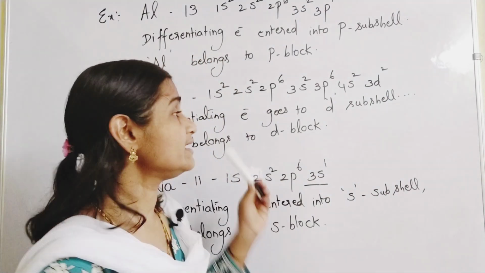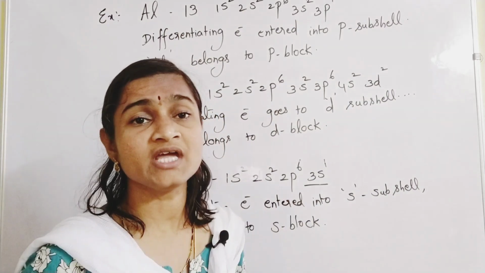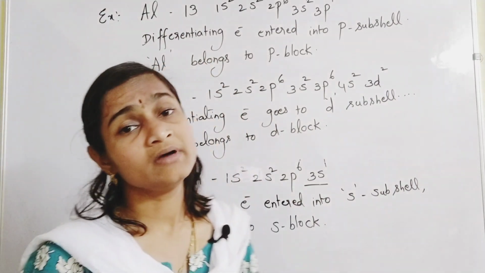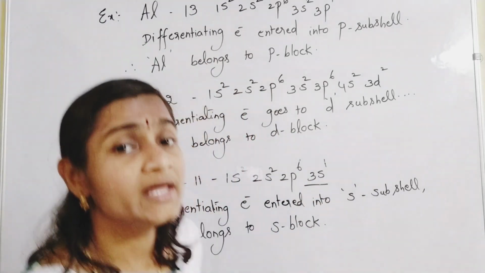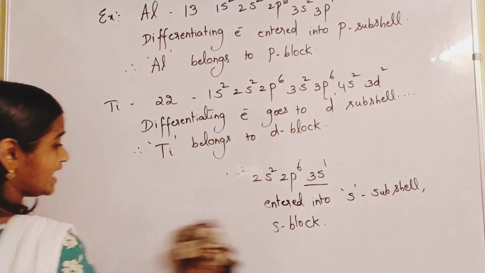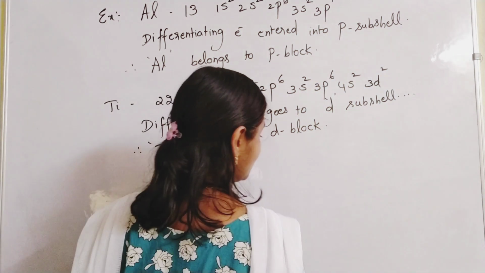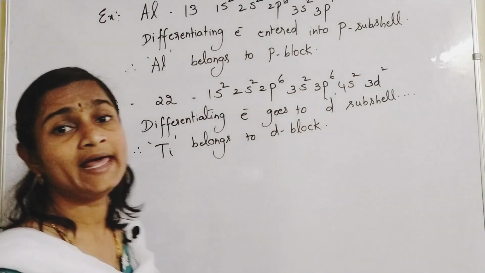Like that, 4 blocks are there, based on the entry of the differentiating electron. All the elements have been divided into 4 blocks, the s, p, d and f blocks. So let us learn about the 4 blocks of elements.